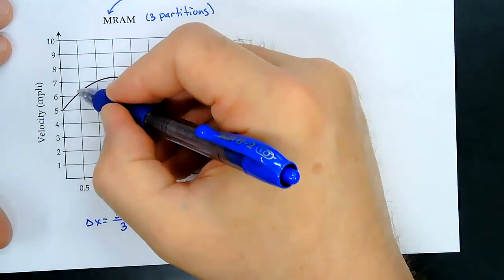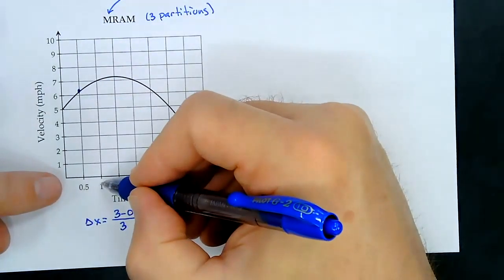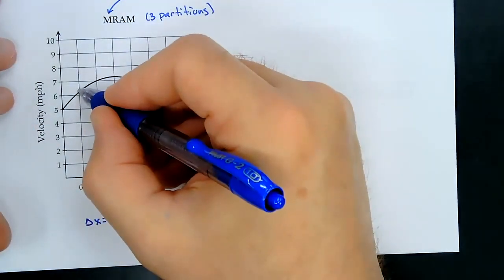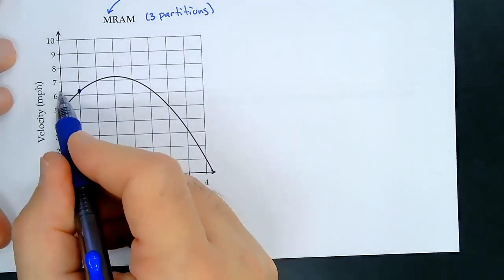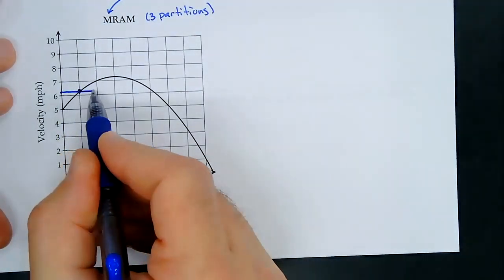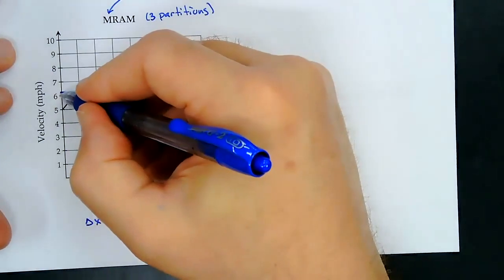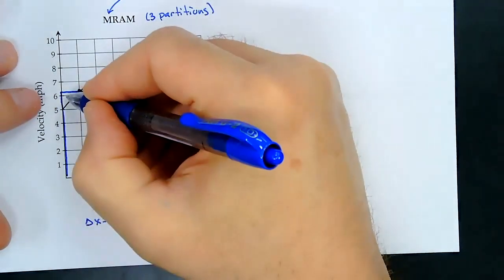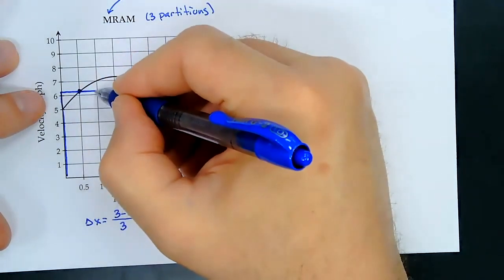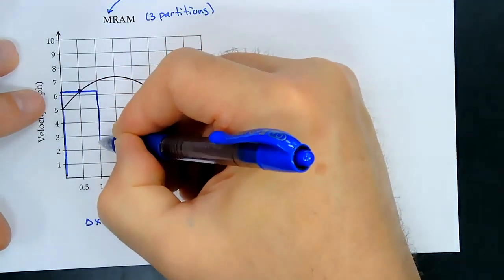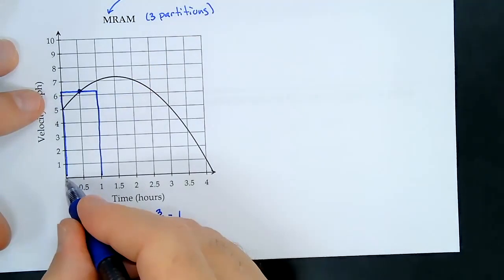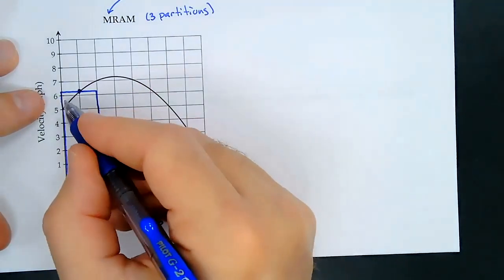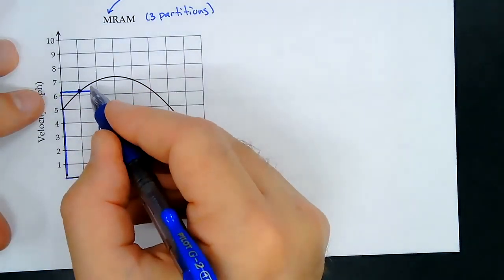It's the value in between 0 and 1. So right here, and then I'm going to go straight across. And so this would be my first rectangle. And what tends to happen is part of it's over and part of it's under.